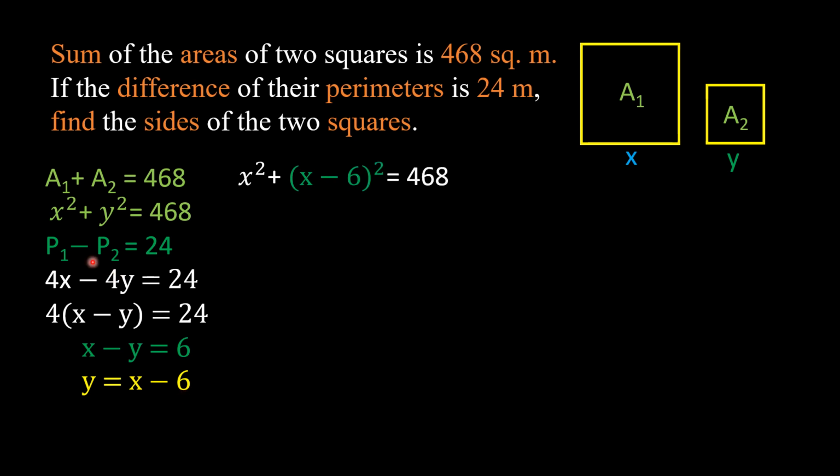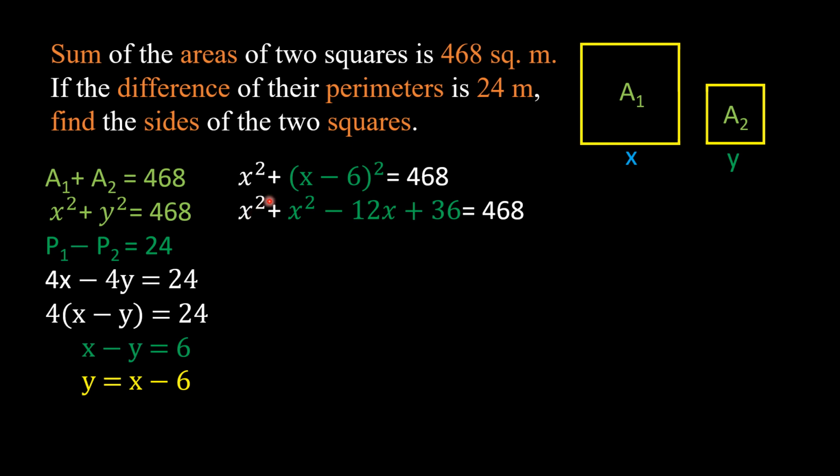Now we will put the value of y, which is x minus 6, in this expression. In place of y square, we will write x minus 6 whole square, because y is x minus 6, equals 468. Now we will expand this bracket and write x square, product of these two terms, minus 6x, twice of that minus 12x, square of 6, 36 equals 468.